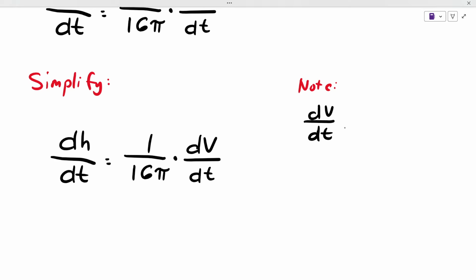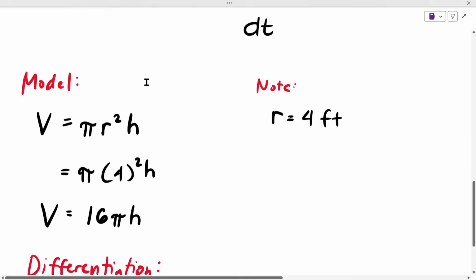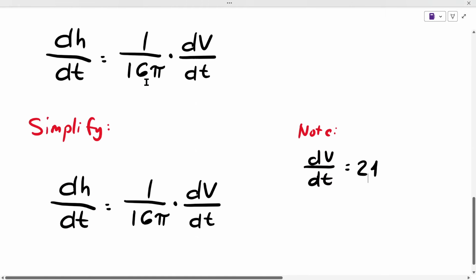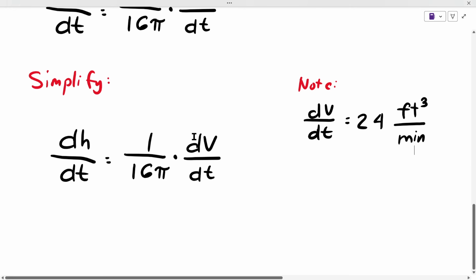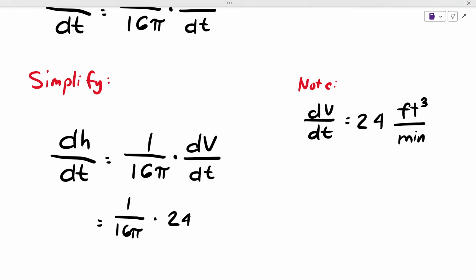So dh over dt equals 1 over 16 pi times 24.